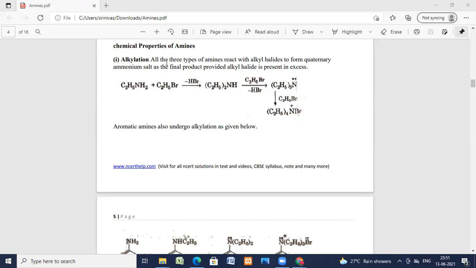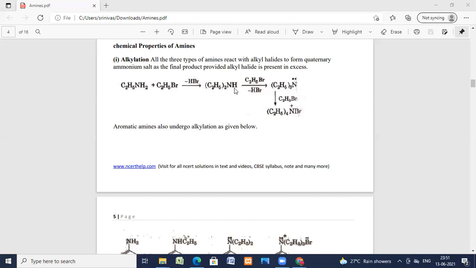Alkylation: all three types of amines react with alkyl halides to form a quaternary ammonium salt as the final product. Here the condition is that we have to provide the alkyl halide in excess. Here, ethylamine on reaction with ethyl bromide, HBr is removed and diethylamine is formed.